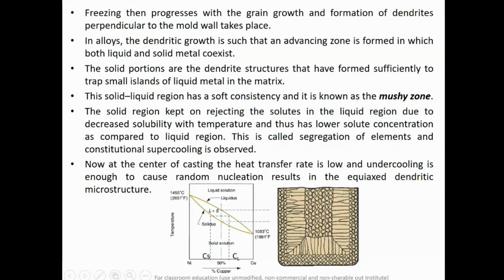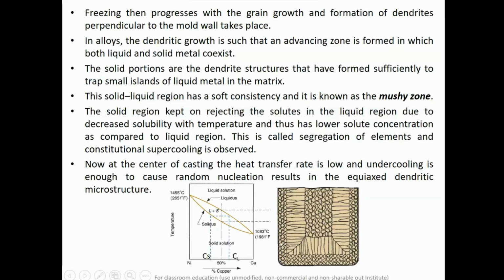If you look closely under the microscope, these grains are dendritic in shape, and they are rejecting the solute elements into the liquid metal, and then at the center you will form this segregation of elements. At the center the heat transfer rate is low compared to the mold wall surface.